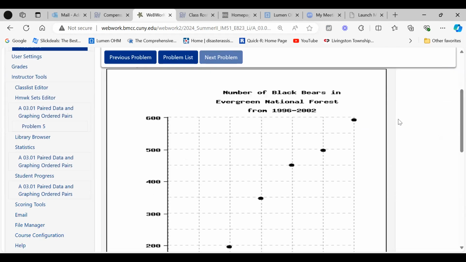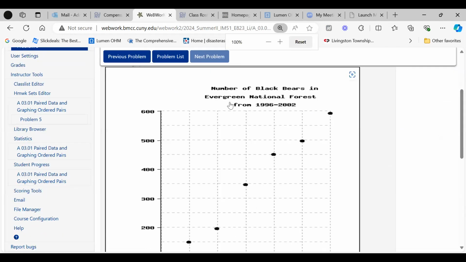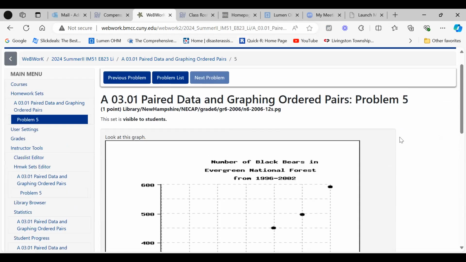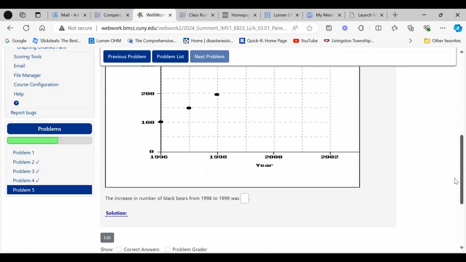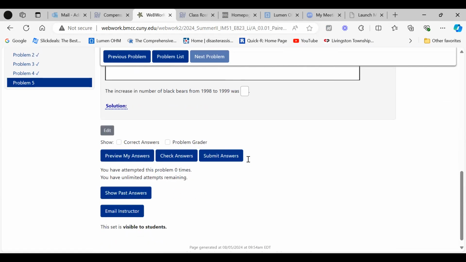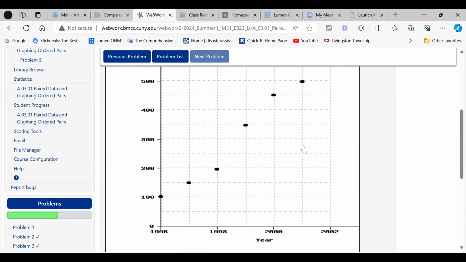Question 5. Let's see. Number of black bears in Evergreen National Forest from 1996 to 2002, and the increase in number of bears from 1998 to 1999. This is 1998, and this is 1999, right? How many bears?